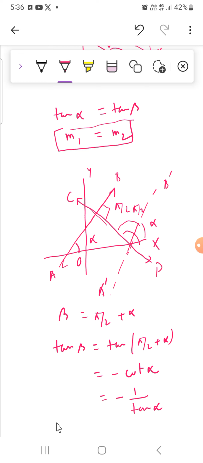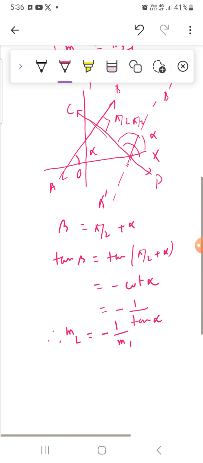So if the slope of the second straight line is m2, and the slope of the first straight line AB is m1, then m2 must be equal to minus 1 by m1.